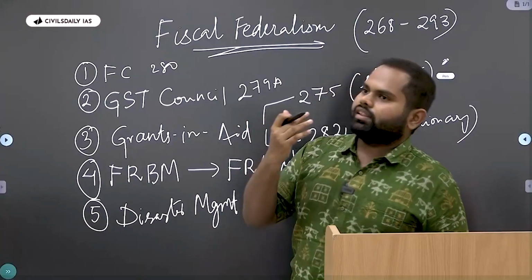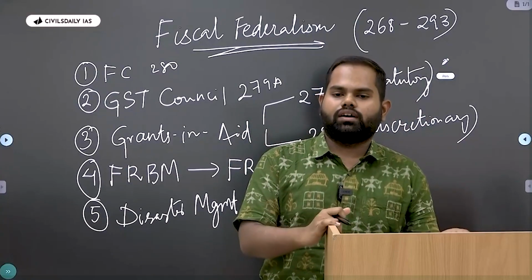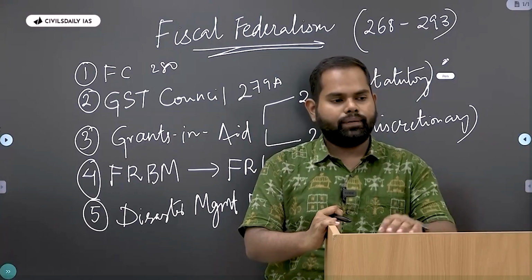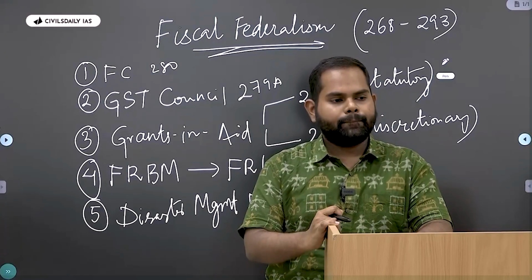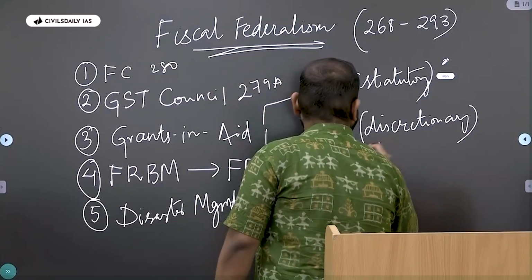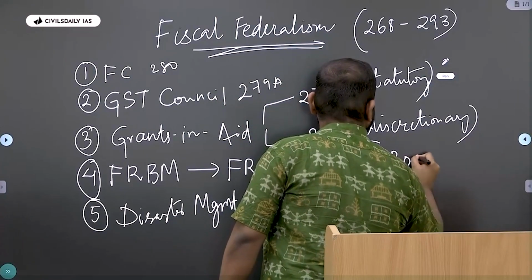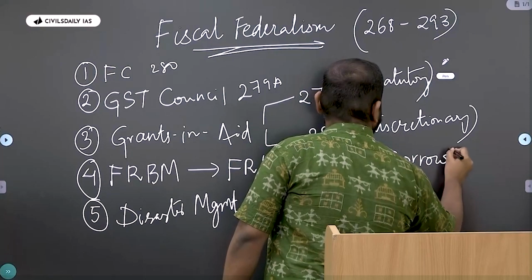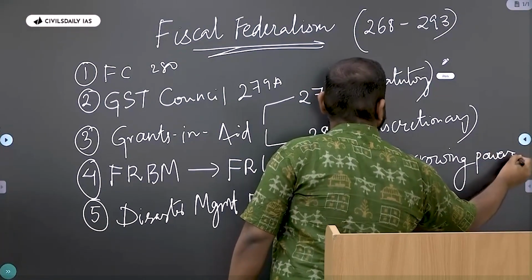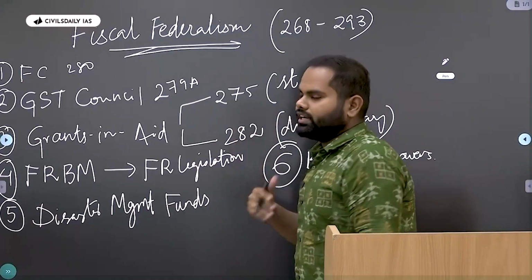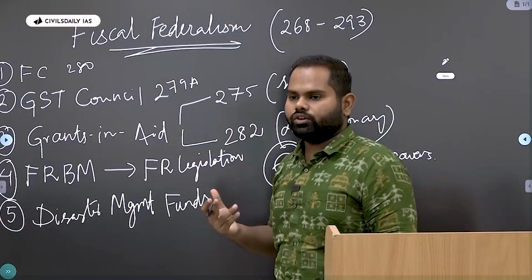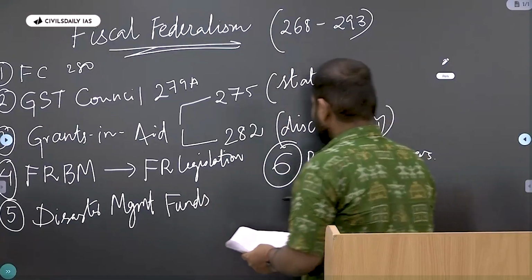See it from an angle of what disturbs the center and state arrangement. Yes, the borrowing powers. It is also contingent: if they have an existing loan, they have to take the consent of the center as well.